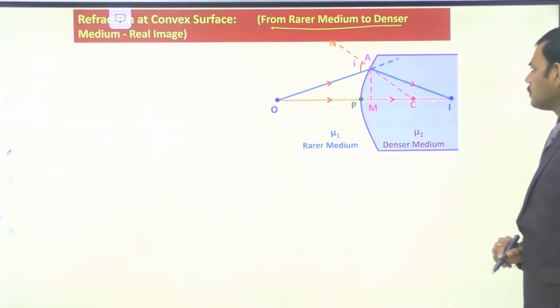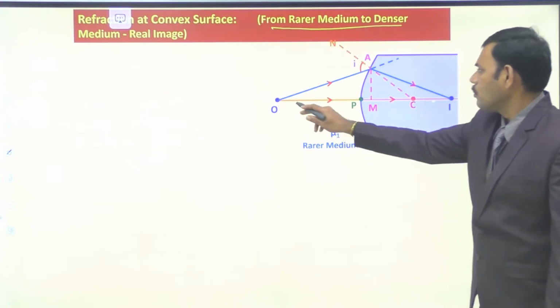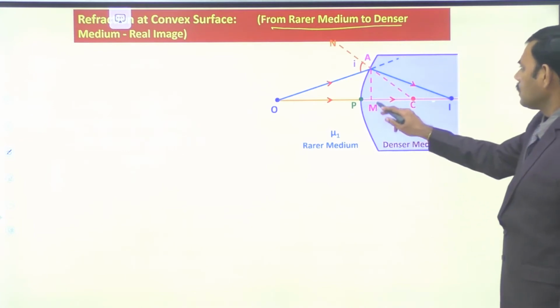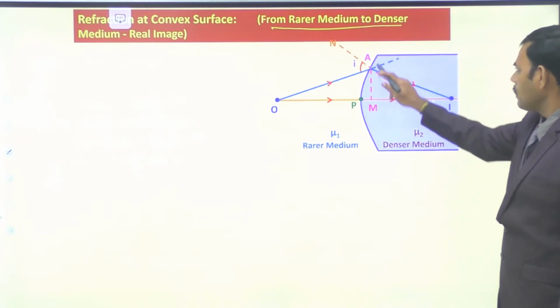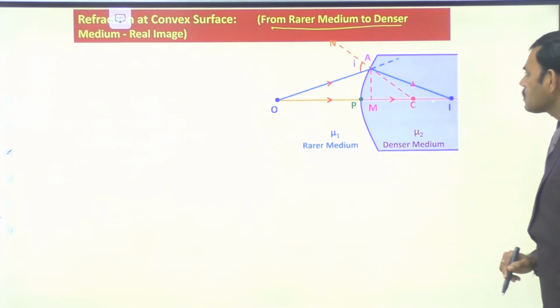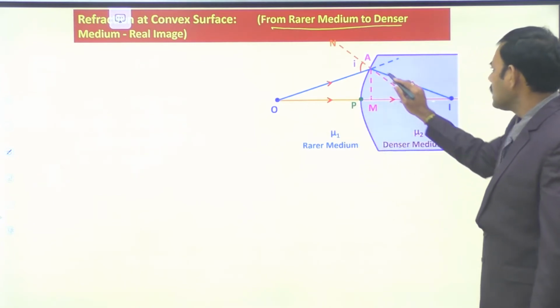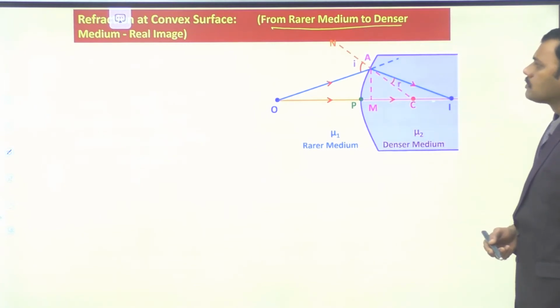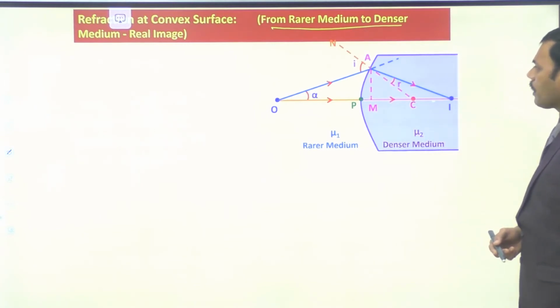Now we have triangles like OMA is one triangle. Next, similarly, IMA is another triangle. OMA, IMA are two triangles, as well as OCA is also another triangle. We have different triangles here. So here r is the angle of refraction.